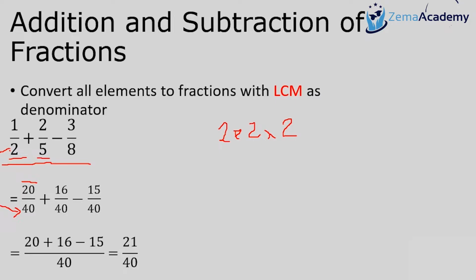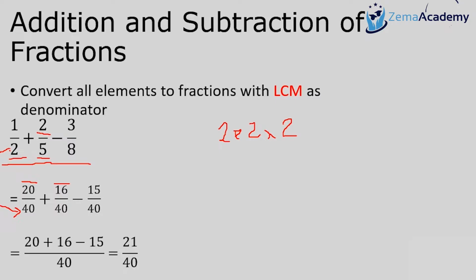So I have to multiply the top of that fraction by 8 as well, and that gives us 16 over 40. For the third fraction, again, 8 goes into 40 5 times, so I have to multiply both top and bottom by 5, giving 15 over 40.